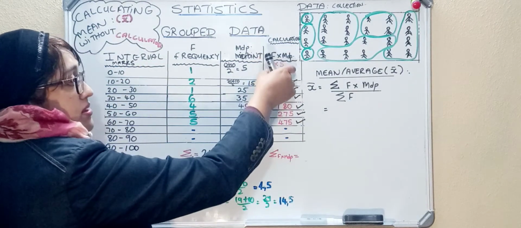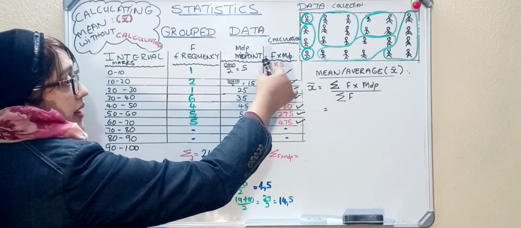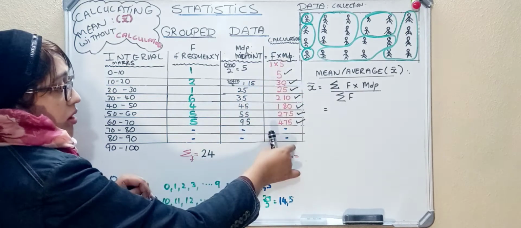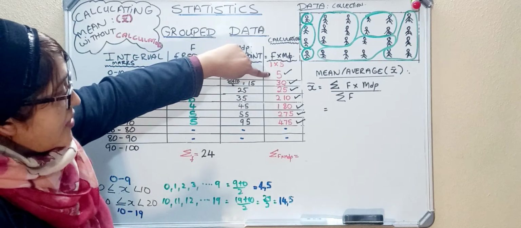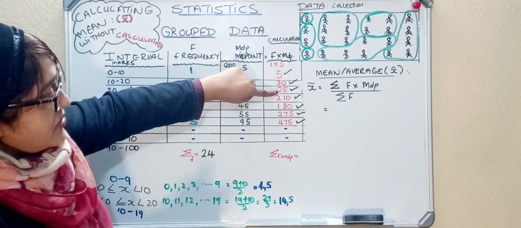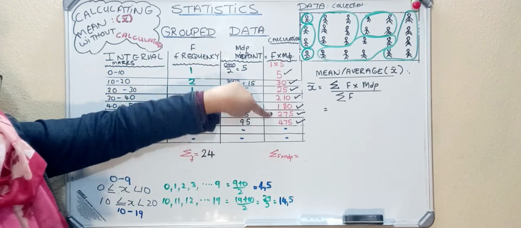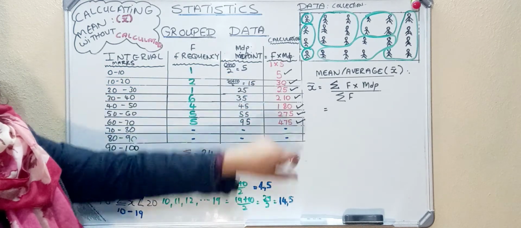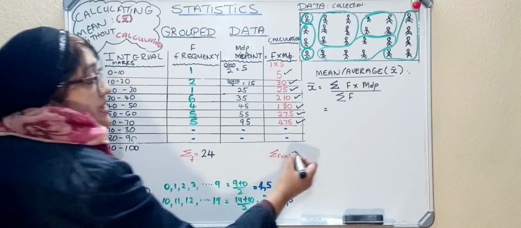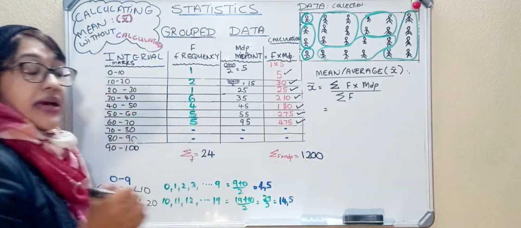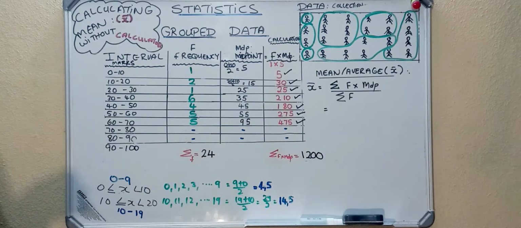And if I add all the frequency times the midpoint, so if I add this full column here, so 5 plus 30 plus 25 plus 210 plus 180 plus 275 plus 475 will give me a sum of 1,200. Okay, please, you can use your calculator to double check with me.